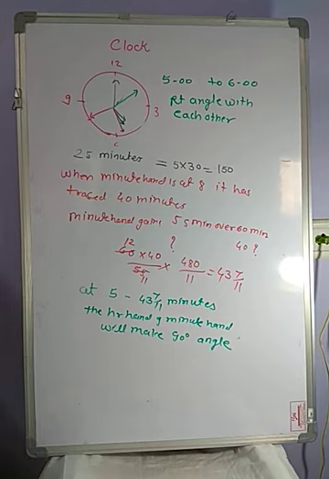How many times do the minute hand and our hand make 90 degrees from 5:20 to 5:35? So 5:20 to 5:35, it will not make any right angle. Or from 5 o'clock to 5:35, it will make only one time. 5 o'clock to 5:40, again it will make only one right angle. From 5 to 5:45, it will make two right angles. Did you get my point?